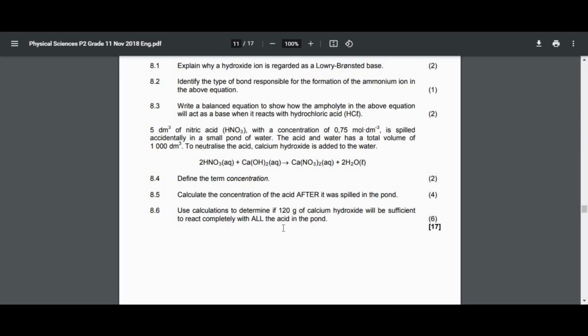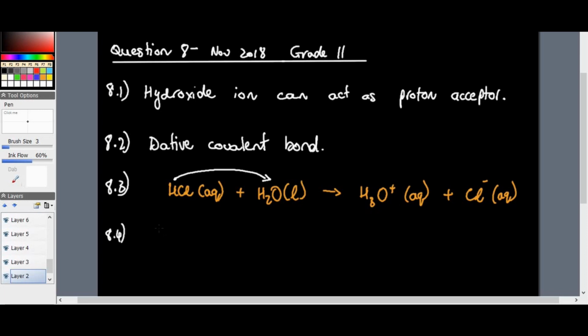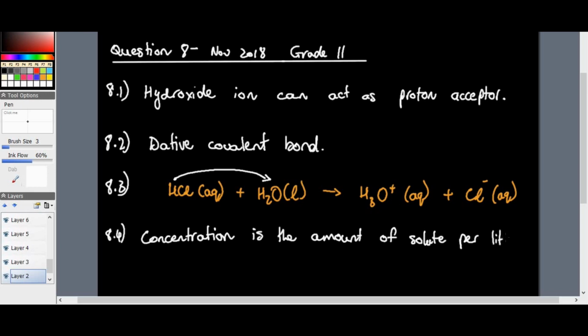The acid has been neutralized, so the water still stays H2O. Now we've got to use a definition here: define the term concentration. In a normal exam you would write that concentration is the amount of solute per liter of solution.